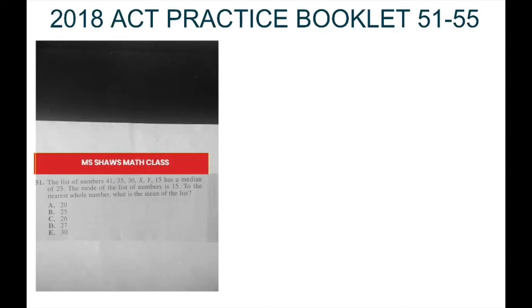and they give you the median is 25. So if I write this out and I know the median, there's 1, 2, 3, 4, 5, 6 numbers. So I'm going to write the 15 first, and I'm going to write the X and the Y. And then we have 30, 35, 41.